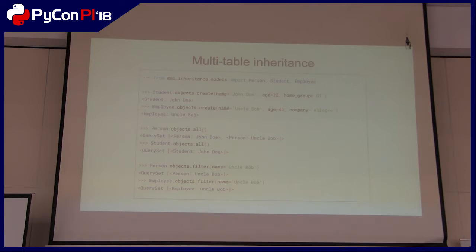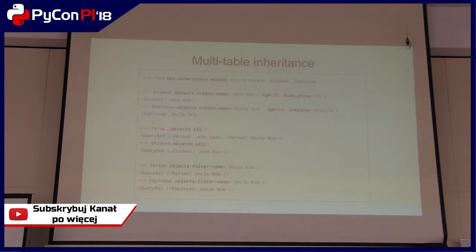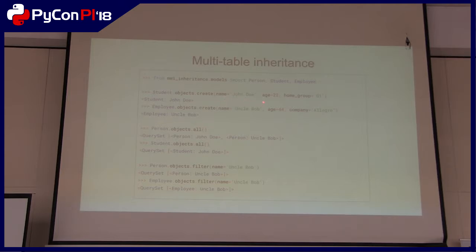And some examples of how to use it. We could create a student object and an employee object. All of them have the common fields and the custom fields. When we select all objects from the person point of view, we'll get person instances, so only with the common fields like name and age, without access to the custom fields like home group and compound.